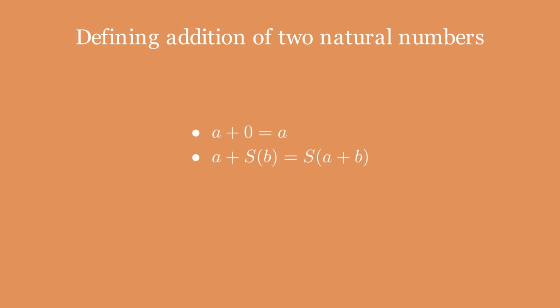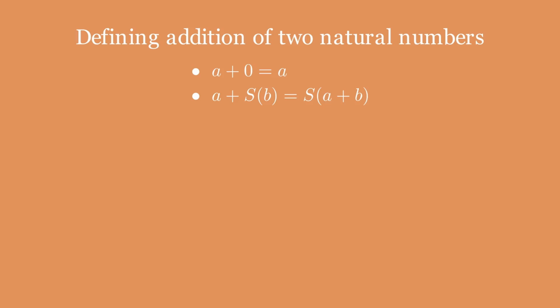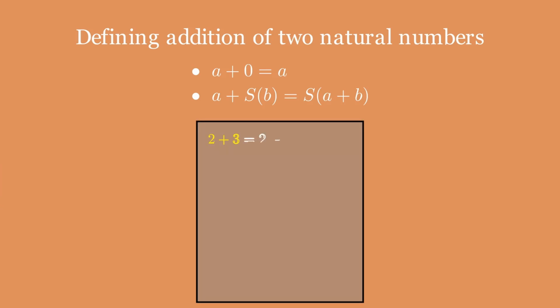Let's see this in action. Consider adding 2 to 3. We first transform 3 to the successor of 2. We then apply the second property. Now we can transform 2 to the successor of 1 and apply the second property again.